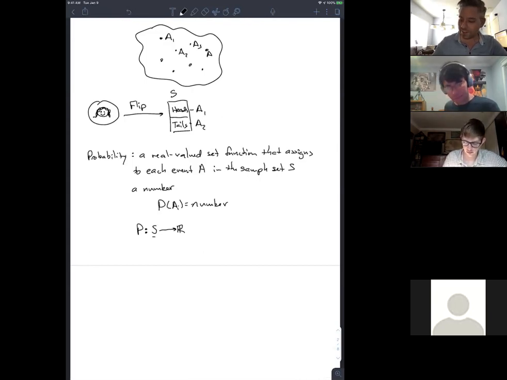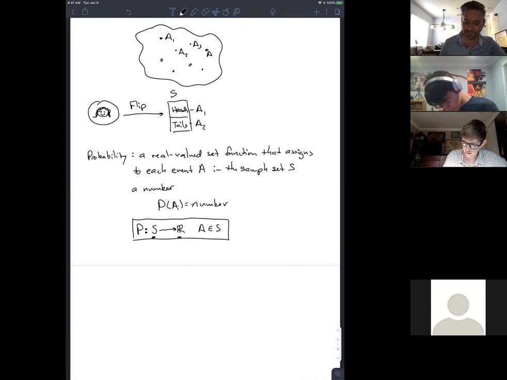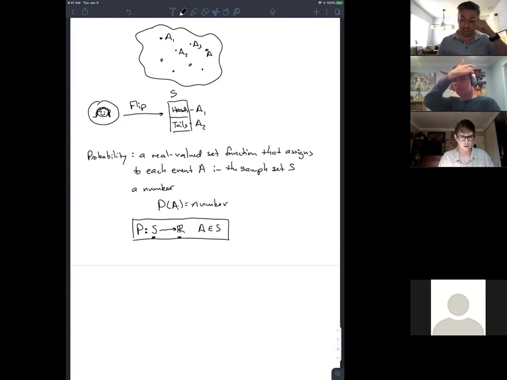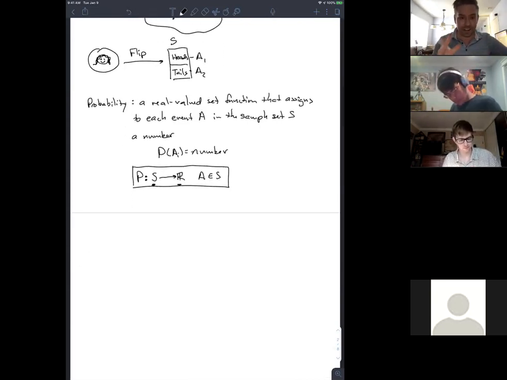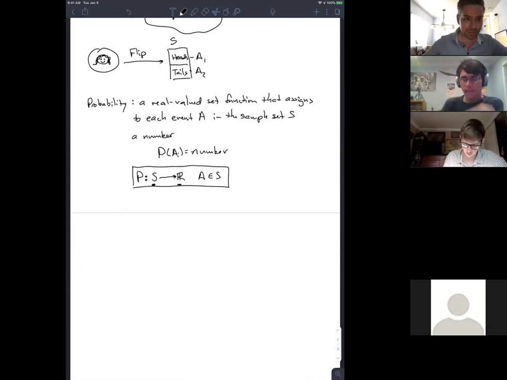It takes your set of outcomes, maps it into a real number, where these A's are the elements of your set S. So here's the math speak. All right, so that's what probability is. Probability just takes every possible outcome of your experiment and assigns it a number.